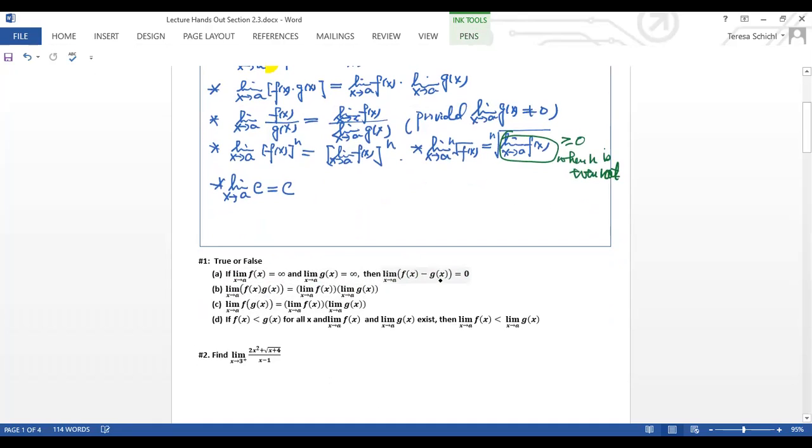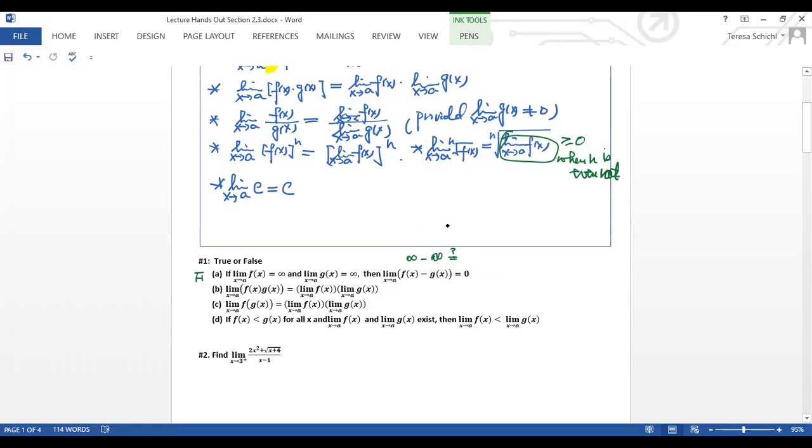Is infinity minus infinity equal to 0? No, right? So this one is false, because infinity minus infinity, we don't know what that is, because maybe one infinity runs faster than the other one.